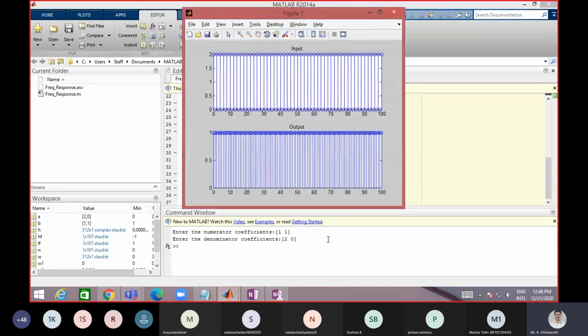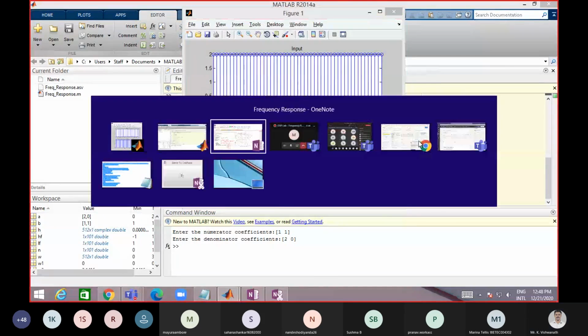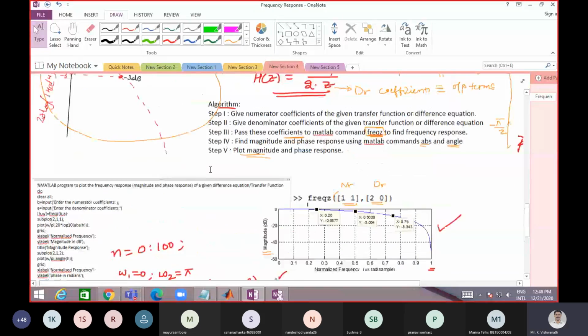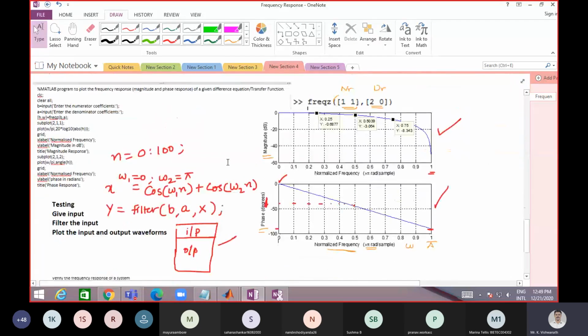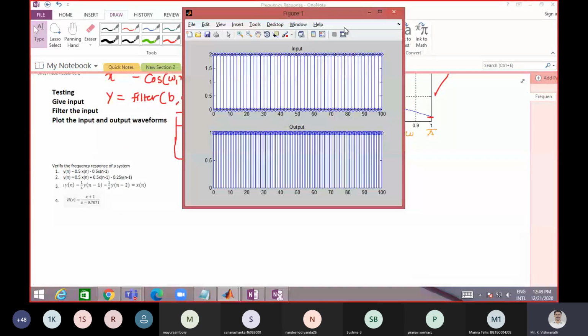How? So the numerator coefficients: the coefficient of z is 1 and the constant is 1. Therefore 1 and 1 are the numerator coefficients. Denominator coefficients: the z coefficient is 2 and the constant coefficient is 0. There is no constant here, therefore it is 0. That's how we have fed the data.